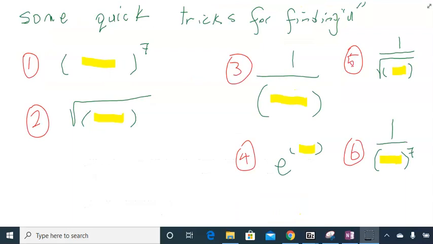Okay, so here are some quick tricks for finding our u. If you have some function in parentheses raised to an exponent and then times something else out here, hopefully it's a derivative of the function that's highlighted, then your u will be inside the parentheses. So when you see the word "inside function" for u, this is what they're talking about.